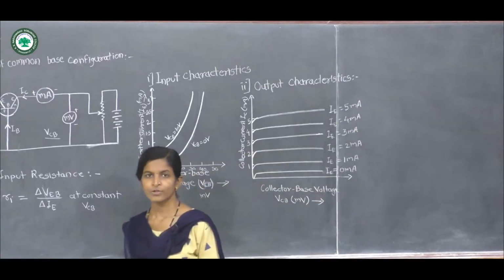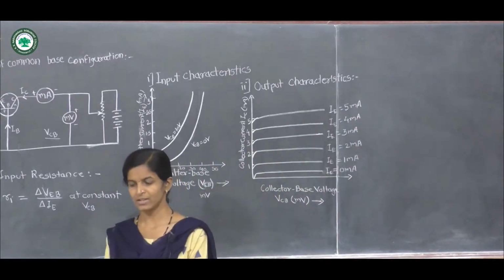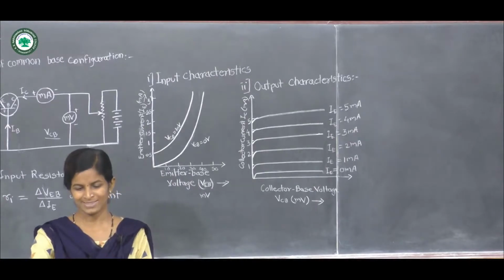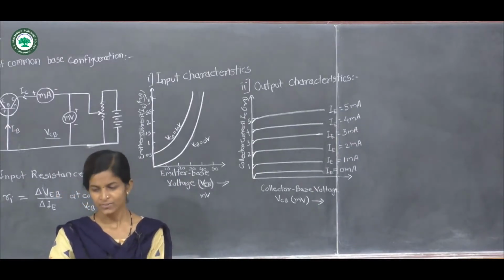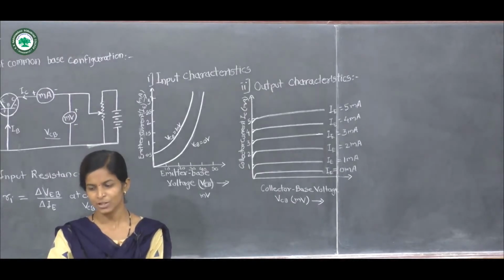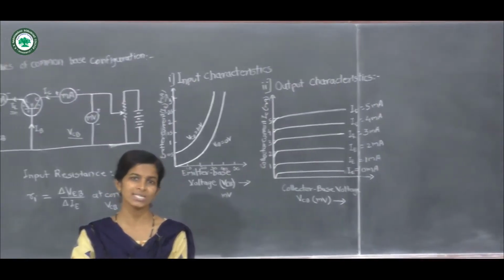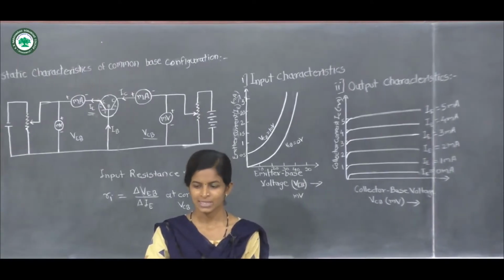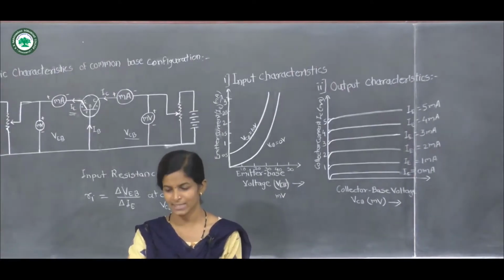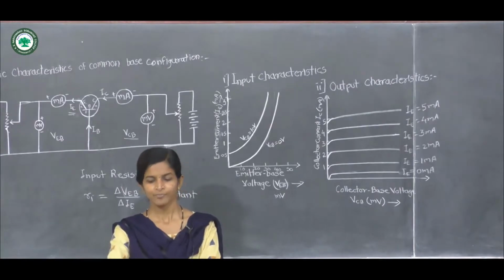From this output characteristic one should note some points. Collector current IC varies with VCB only at low voltages, that is when VCB is less than 1 volt.